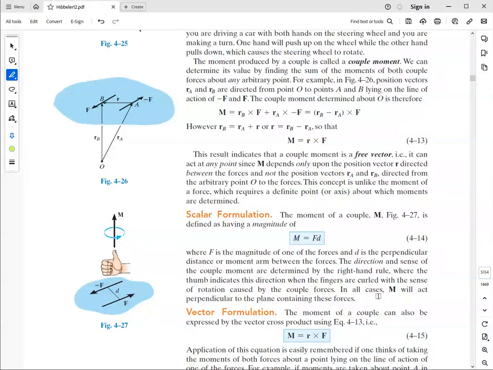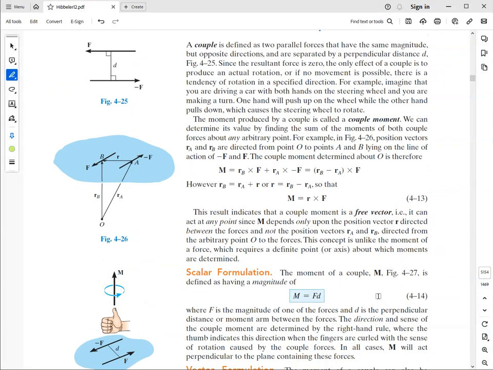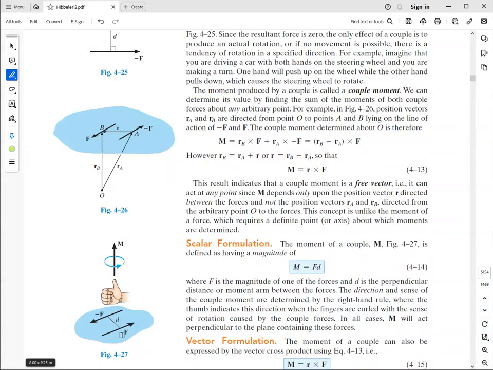In a scalar formulation, assuming a planar system where the moment will have the direction of the z-axis multiplied by the k unit vector, the couple moment will be just the magnitude of one of the forces times this distance.